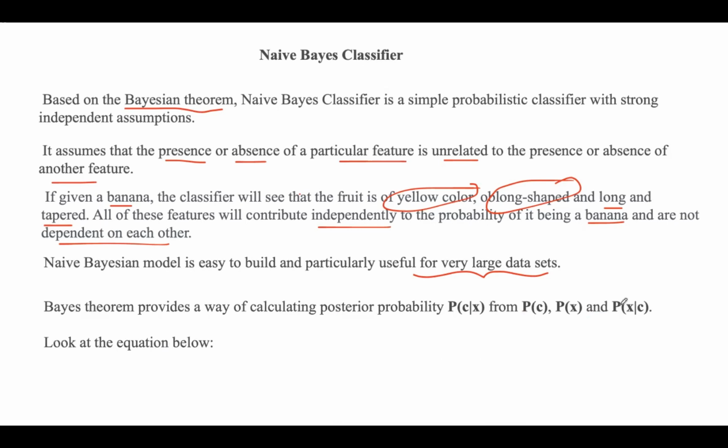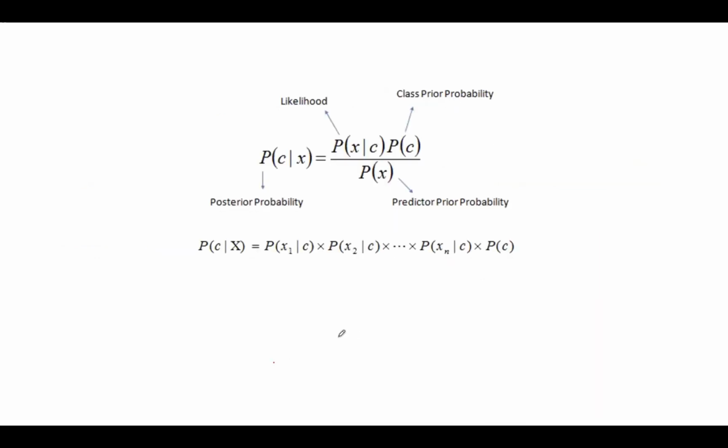Bayes theorem is usually represented as follows. If you take this equation, P of C given X is the conditional probability of event C occurring given event X. P of C is the probability of event C occurring.